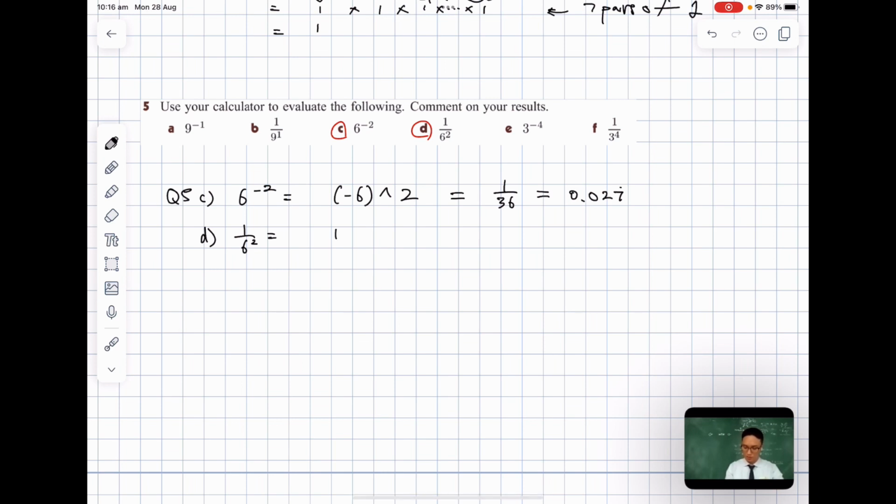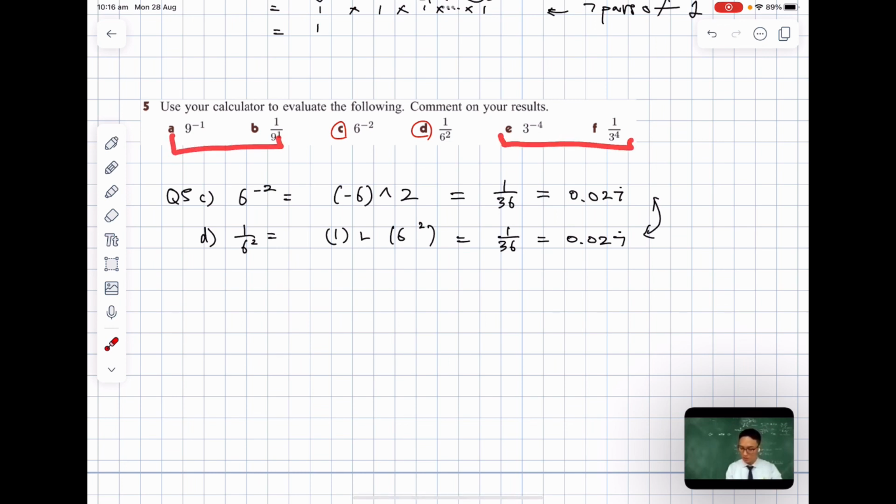If you do D and put into the calculator 1/6 squared, or actually you might like to write it like this, because that's the whole denominator, you will also get the same result, recurring. And therefore, what we can tell is that these two values, C and D, are identical.